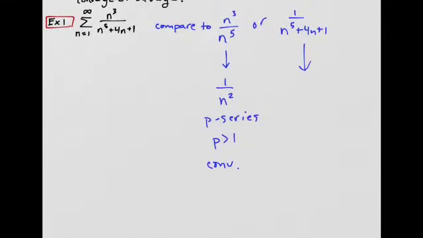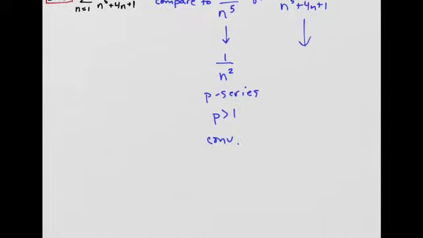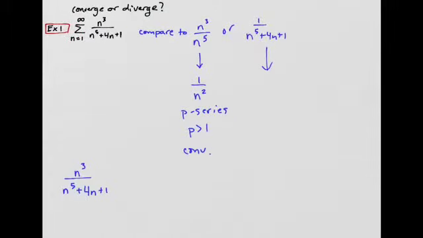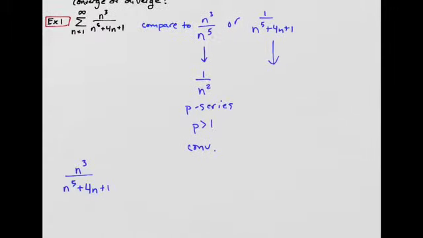So now that I have chosen something to compare to this, I need to see which one is the bigger one, which one is the smaller one. So this is important to pay attention to and to understand. So I'm going to write down both of these sequences, n cubed over n to the 5th plus 4n plus 1. And I'm comparing that to this, which is the same thing as that.